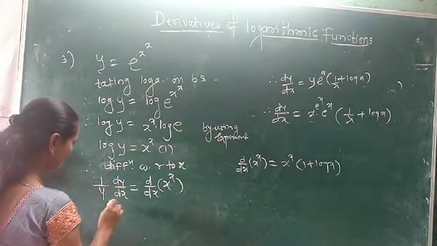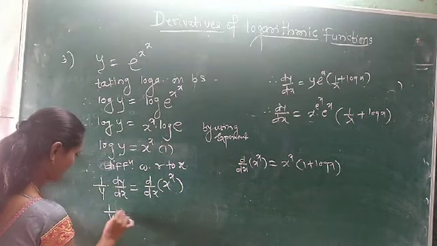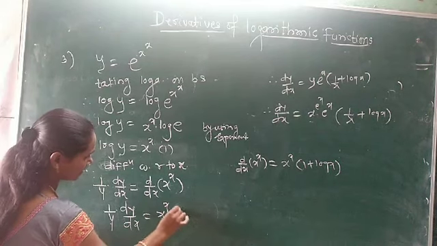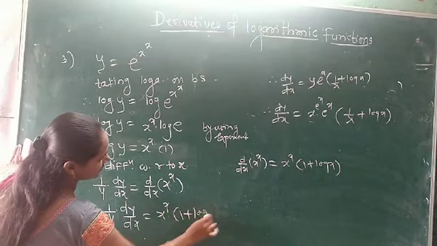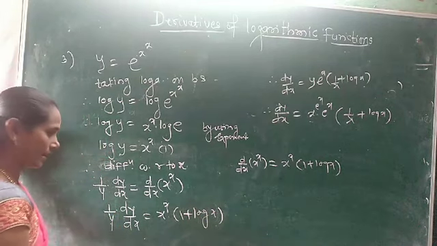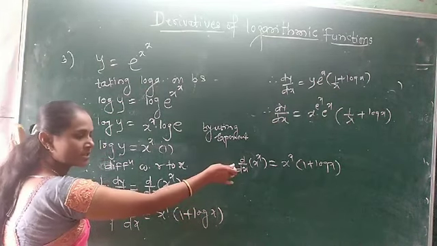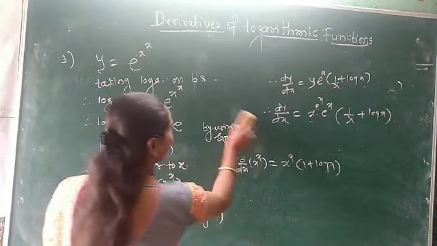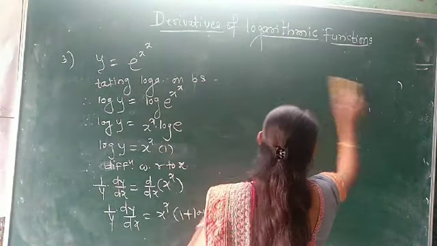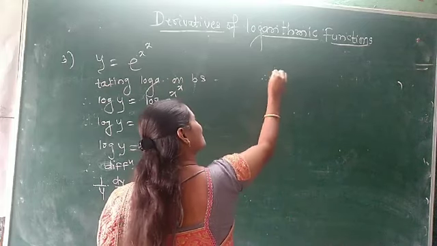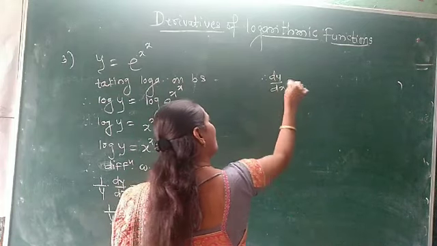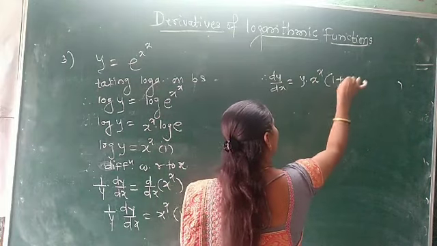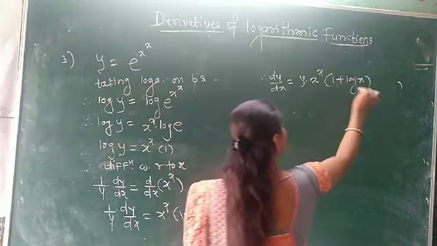So, write directly here. Therefore, 1 upon y into dy upon dx is equal to x raised to x into 1 plus log x. Here we found it in the first example, so we write it directly. Therefore, dy upon dx is equal to y into x raised to x into 1 plus log x.